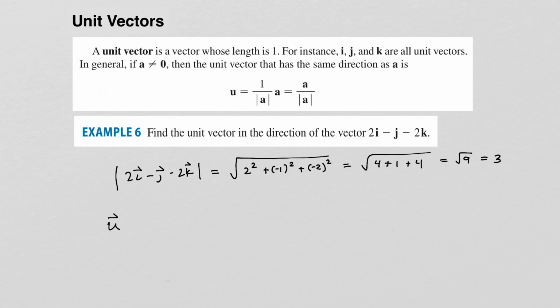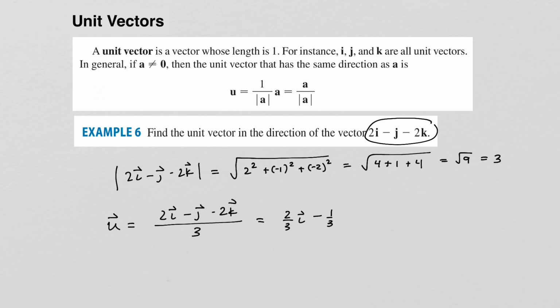And so the unit vector that points in the same direction as this vector is simply the vector 2i minus j minus 2k divided by 3. And so now all we have to do is divide each one of these by 3. And so this would become 2/3 i minus 1/3 j minus 2/3 k.